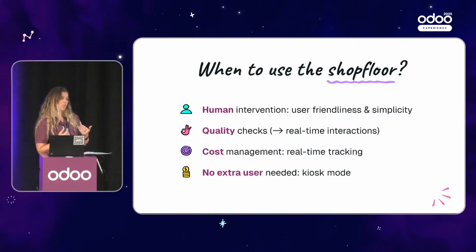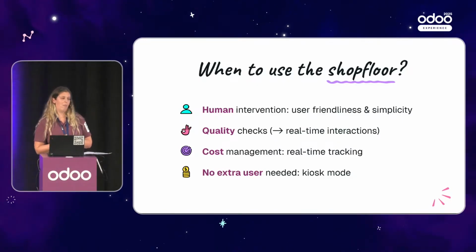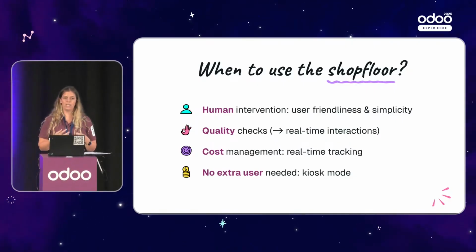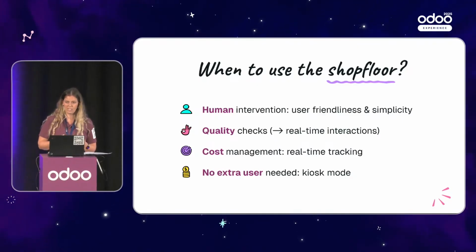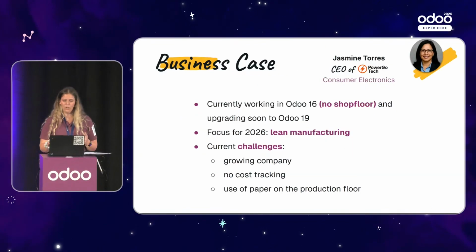And last but not least, it has a kiosk mode, which is very handy, mainly because you don't need to pay for extra users. You can just allow your employees to have access to Odoo without having access to the backend. I'm going to show you that today, so we'll go over it.